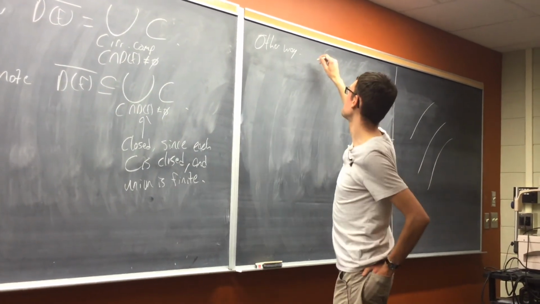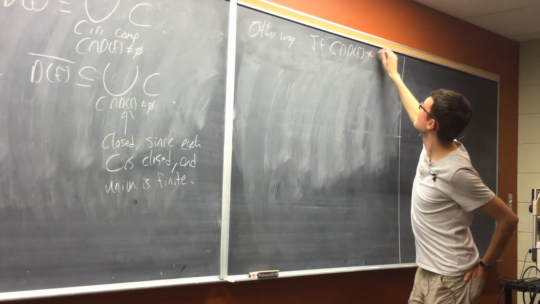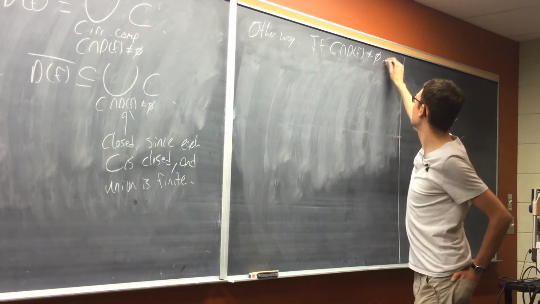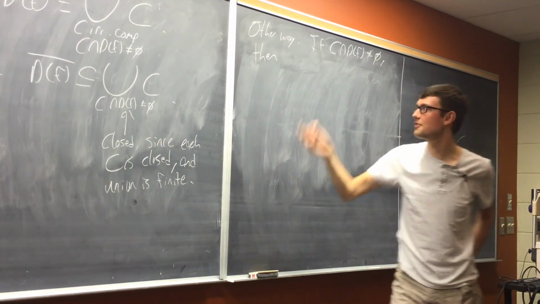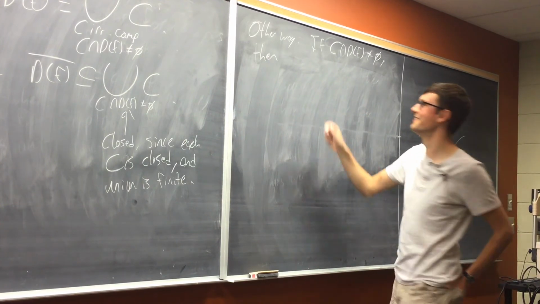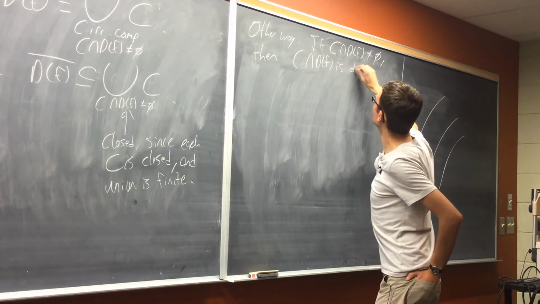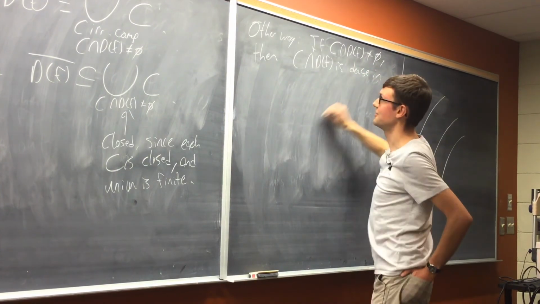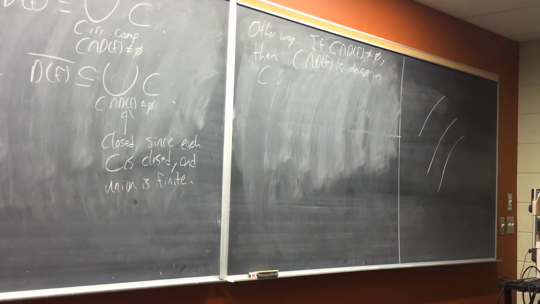Okay, other way. So if I've got a component that intersects dF, then C is irreducible. So this is an open subset of C, and it's not empty, and it's dense in C. All right.